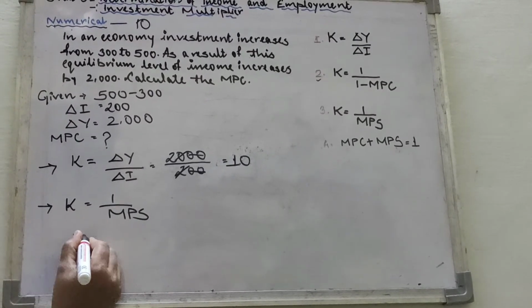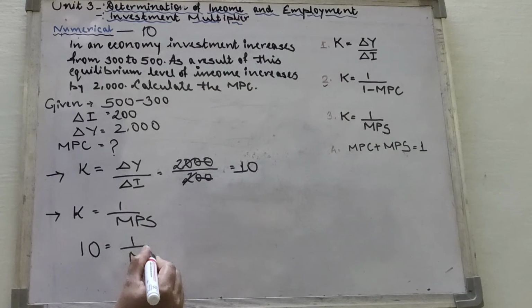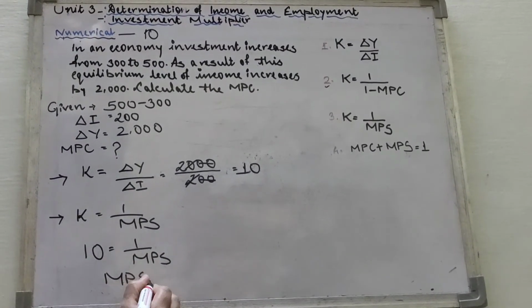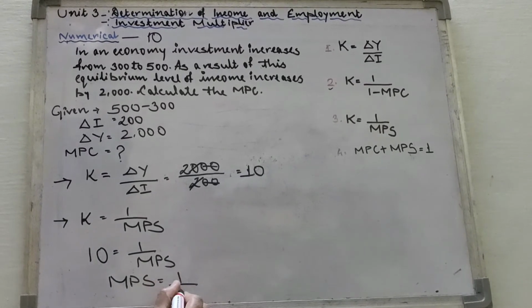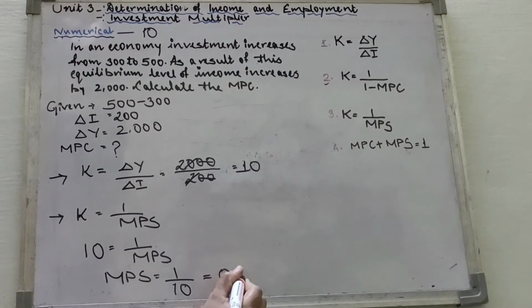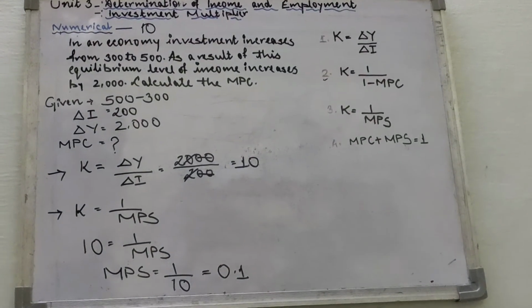Now 10 is equal to 1 by MPS. So MPS is equal to 1 by 10. What is the 1 by 10 here? That is 0.1. We got the MPS 0.1.